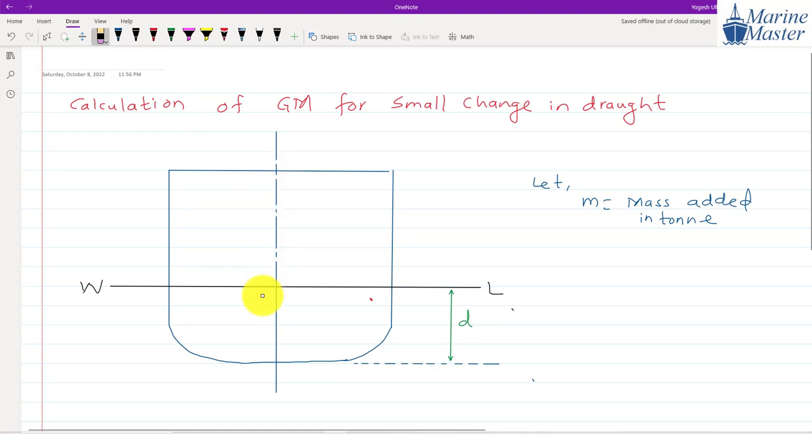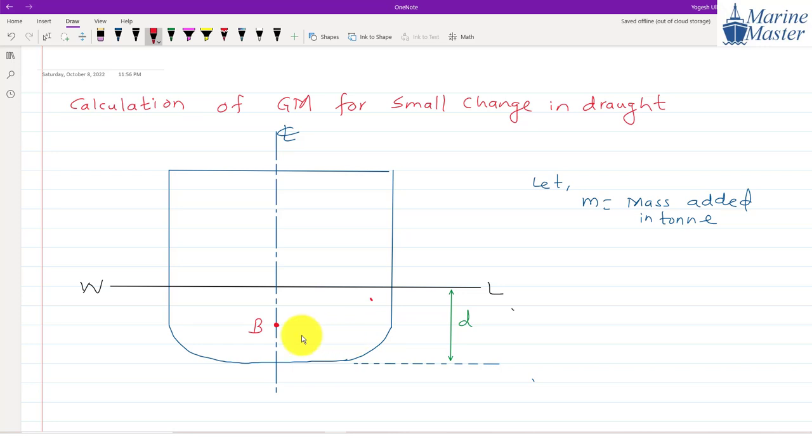What does this line denote, guys? Center line, correct. Now this point I am showing here, this red dot: what does this point denote? Center of buoyancy.